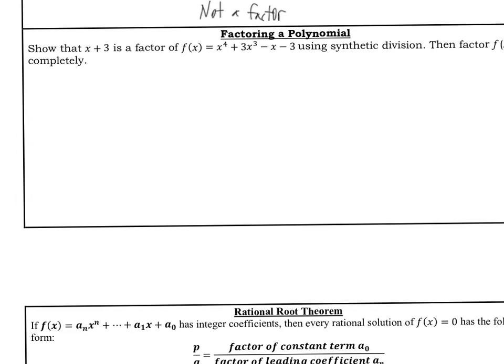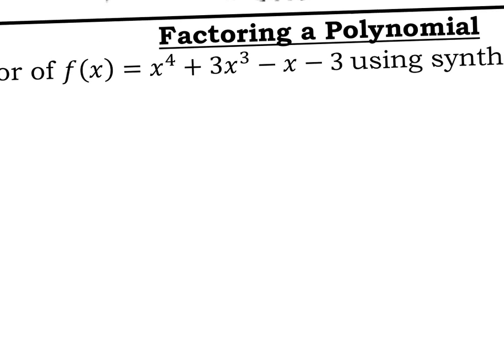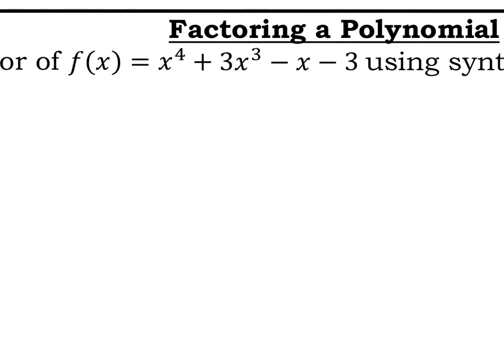So this next example, very similar. Just if it turns out to be a factor, spoiler alert, it will, then we'll factor it completely. So looking at the problem, when I do my synthetic division, when you set it up, you know you're at the coefficients 1, x to the fourth, 3x to the third.